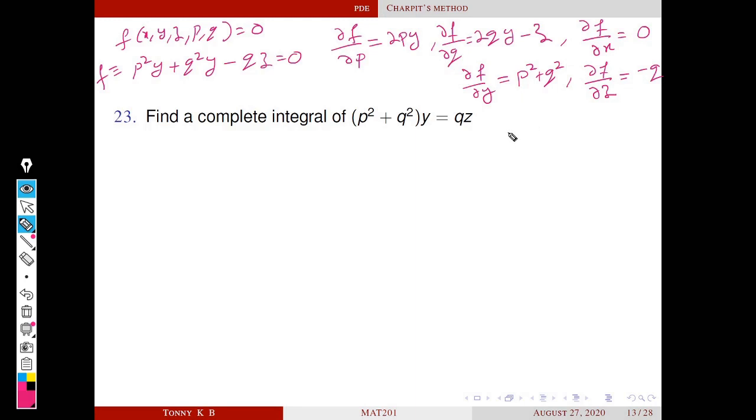Here fp stands for the partial derivative of f with respect to p. Fq stands for the partial derivative of f with respect to q. Here fp is 2py.